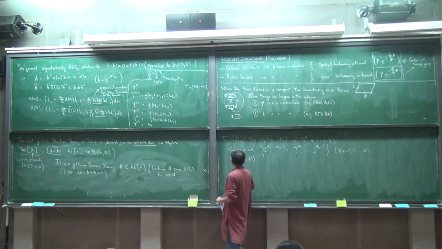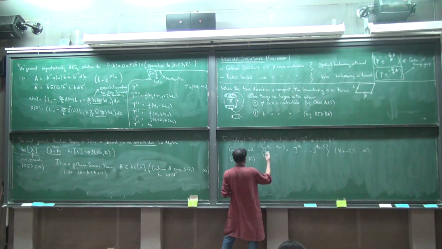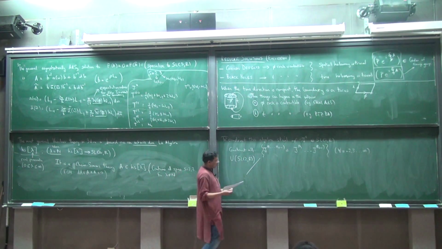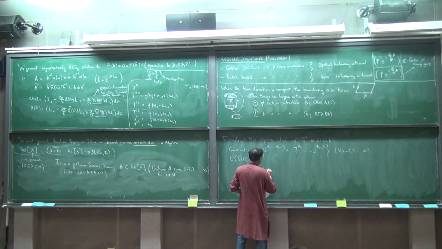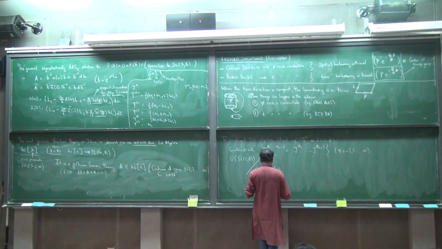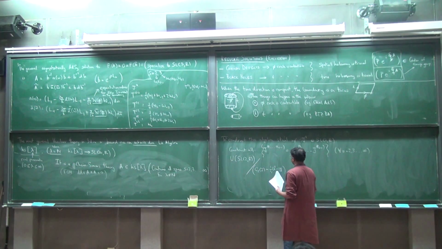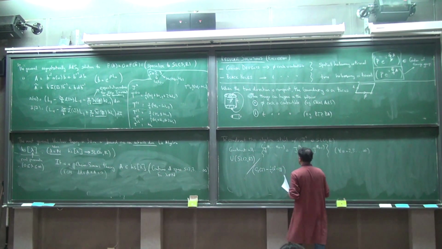This is what is called U of SL2R, but HS lambda is not just that. You have to mod out by relations: the second Casimir of J is a multiple of the identity.